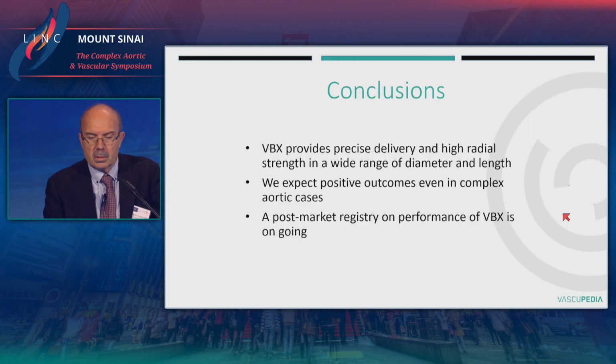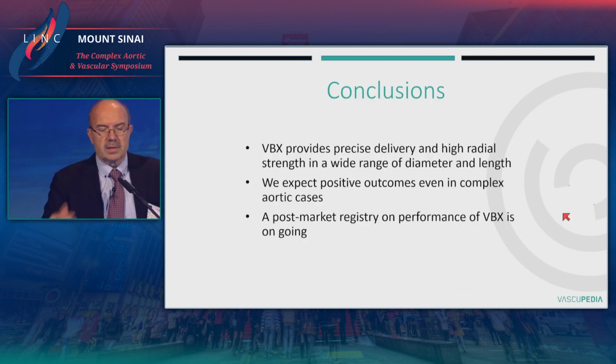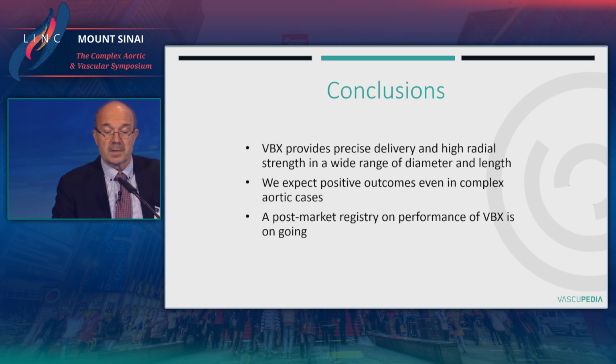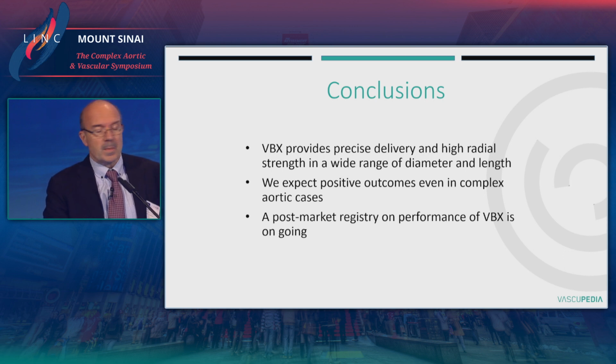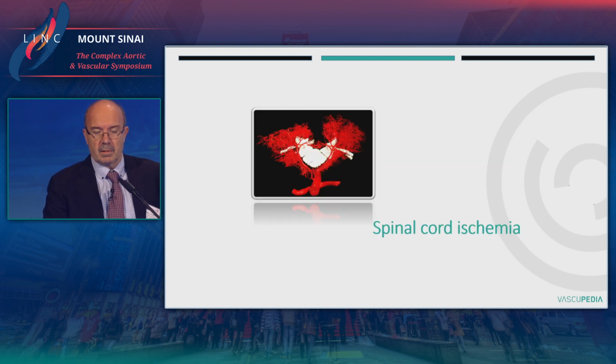Well, the conclusion is that the VBX provides precise delivery and a high radial strength, and a post-market registry, which is starting during the next month in Europe, will show if it's all right.